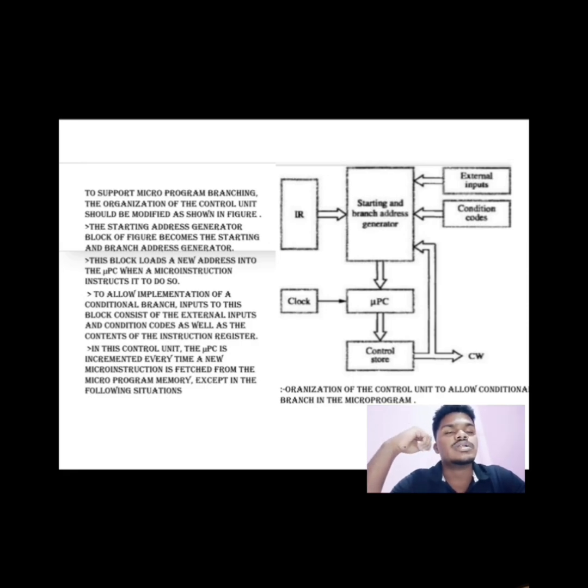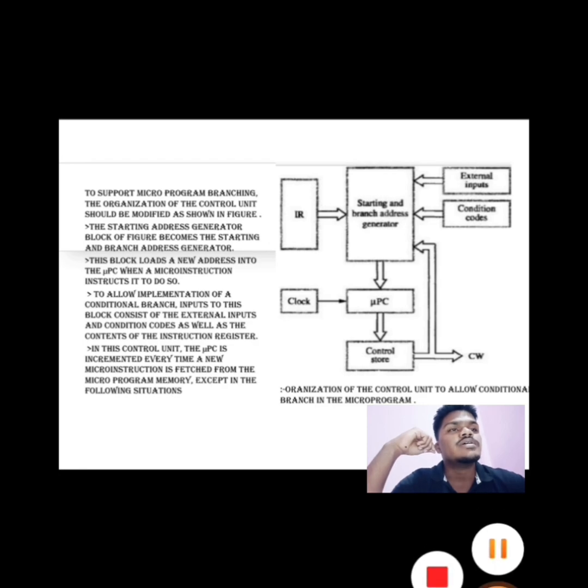There are 7 blocks over here. The first block is instruction register, that is IR. The second block is starting and branch address generator. The third block is external inputs, as you can see on the top right of this slide.